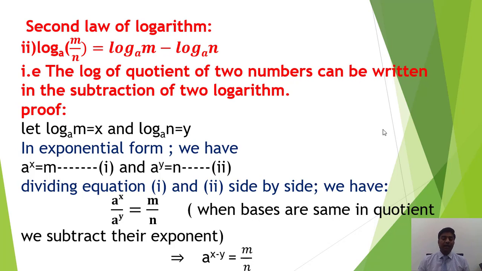When bases are same in quotient, we subtract their exponent. Implies that a raised to power x minus y is equal to m divided by n.